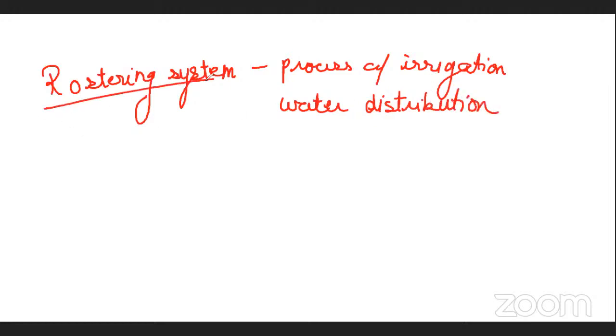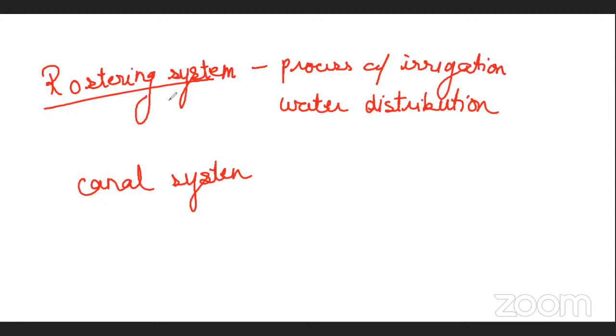Further, it is also known as regulation, and it is very necessary in a canal system. Means this rotational regulation system, or the roster system, is related with the canal system, where the demand is only on a part of the system, and water is conveyed to that part only, or when the demand is on the entire system, but the available supply is not adequate to meet that demand.